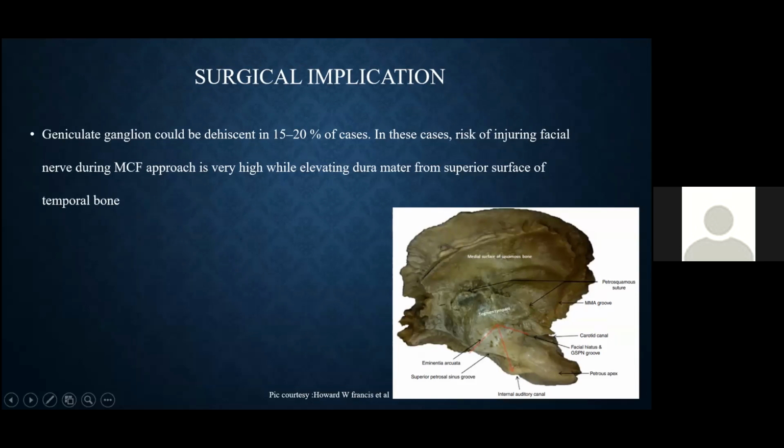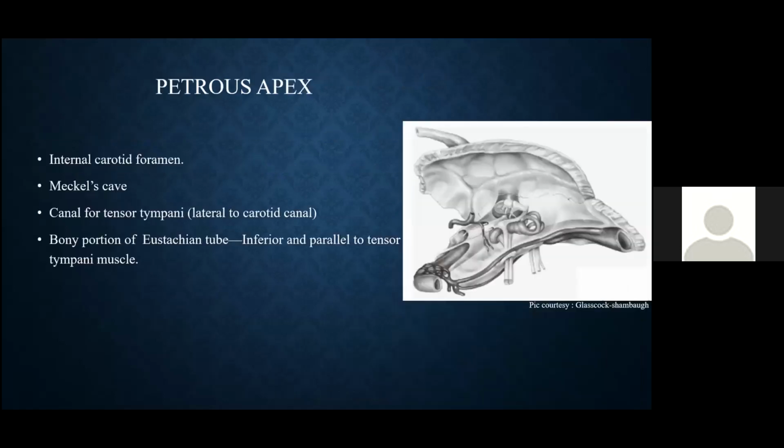So one has to be very careful while elevating the dura in a middle cranial fossa approach, not to injure the geniculate ganglion. The petrous apex, as I told, has important structures like the internal carotid artery foramen, and it also lies near to the Meckel's cave and the skull base, and anteriorly the bony tensor tympani canal and the eustachian tube canal running parallel along with it.